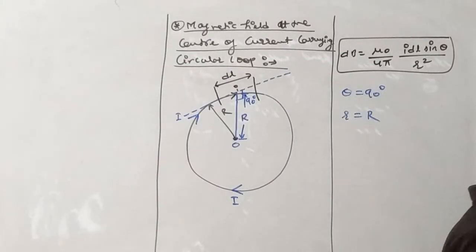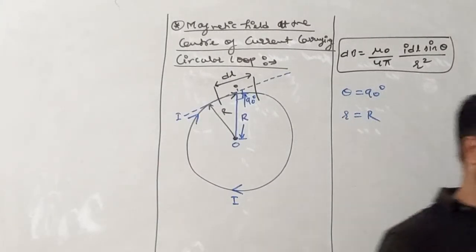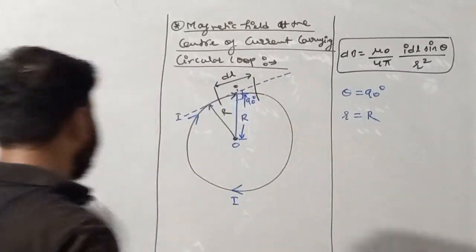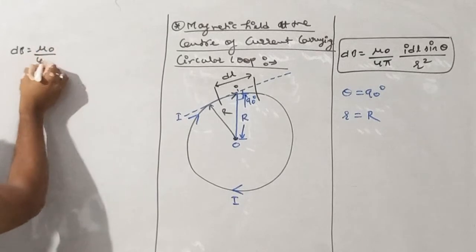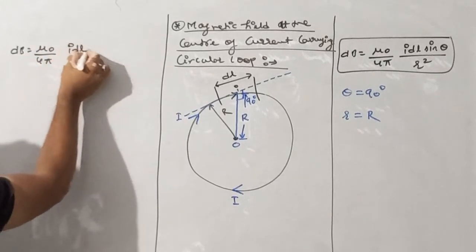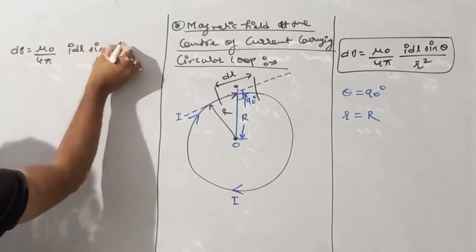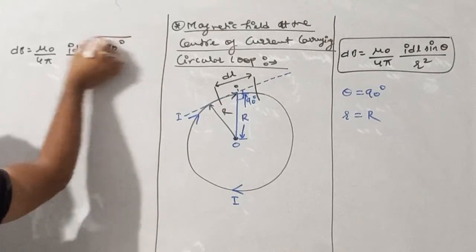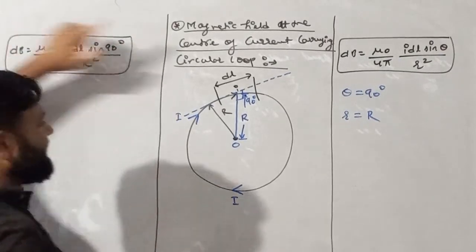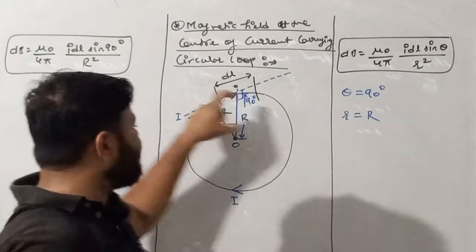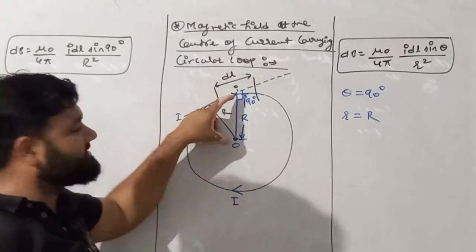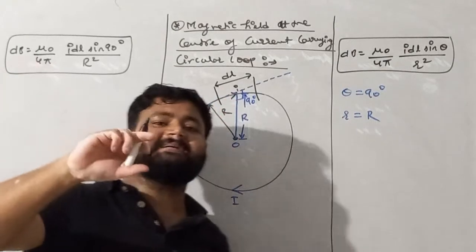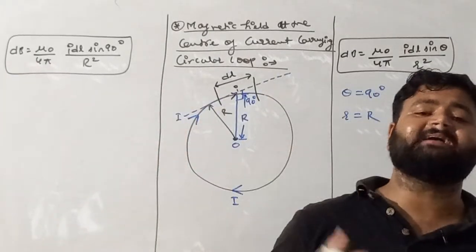Now we have to put in all the values. So what we'll get: dB equals mu naught upon 4 pi I dl sine 90 divided by r square. See, actually this theta is the angle between current element and distance. So the current element is along the tangent and the distance is the radius. So radius and tangent, radius will act like a normal.